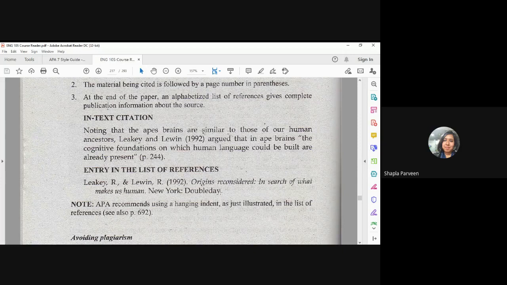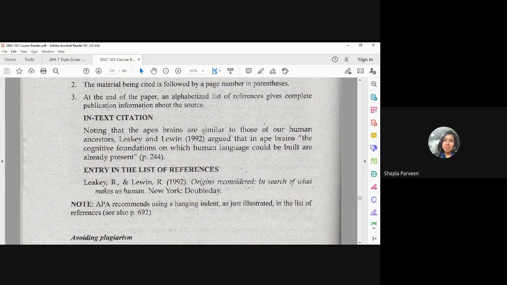So this is the rule for books, if the information is taken from a book. Now this is a printed book, because if it was an online book, you would have to provide the online source as well, that means the website address. Since no website address is given here, this tells us this is a printed book.